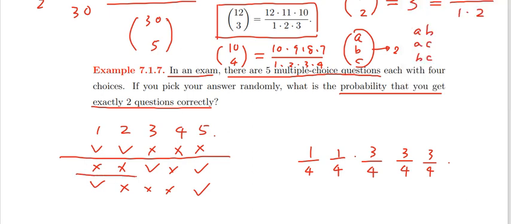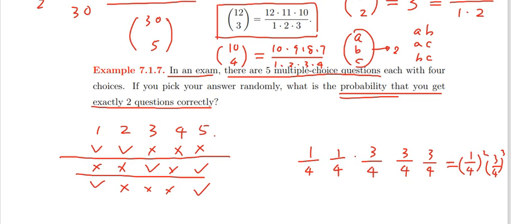And for this other case, the probability is probably the same. Correct happens 2 times, and not correct happens 3 times. So in each case the probability is the same. To find this probability, we don't care which question you answer correctly and which you do not.